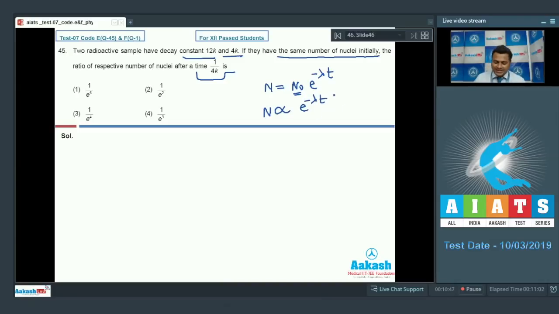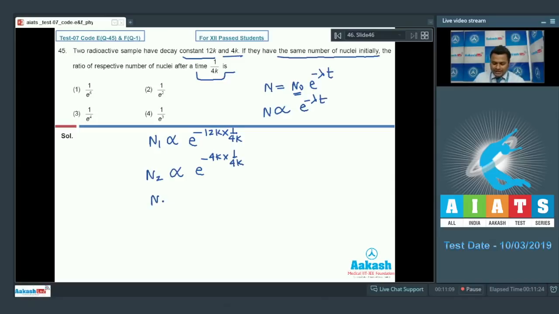Now for the two cases, case number 1, number of nuclei N1 will be proportional to e to the power minus lambda, which is 12K, and time is 1 by 4K. Similarly, N2 will be given as e to the power minus lambda, which is 4K, and time is 1 by 4K.